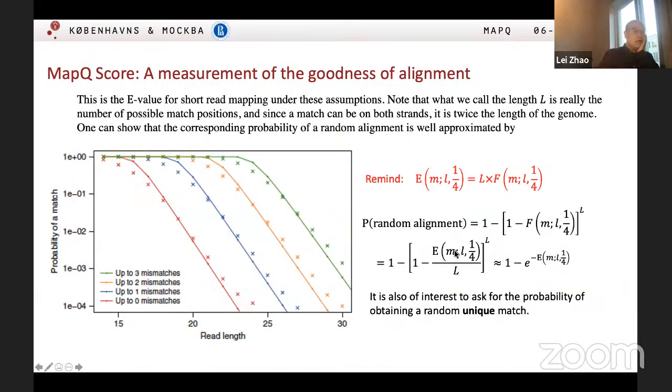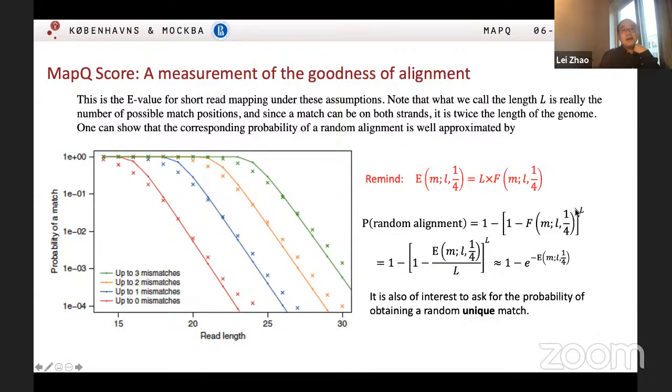So suppose you have an external short read and you want to map it to the endogenous genome. What's the probability that you can find a position to map this short read to this genome? This is a probability of 1 minus f, which is the probability that the short read cannot map at a specific position, given that you allow up to m mismatches.